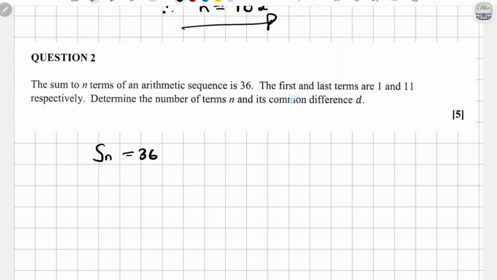Then they also tell us that the first and the last term are 1 and 11 respectively. So it means the first term, T1, or you could call that A, is 1, right? And the last term, which you can call Tn, or you could call L, is 11. They want you to just determine the common difference. That's all.